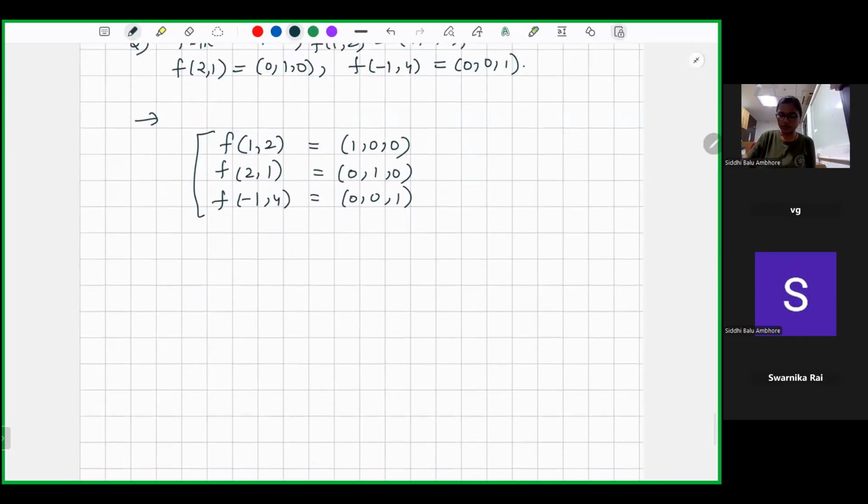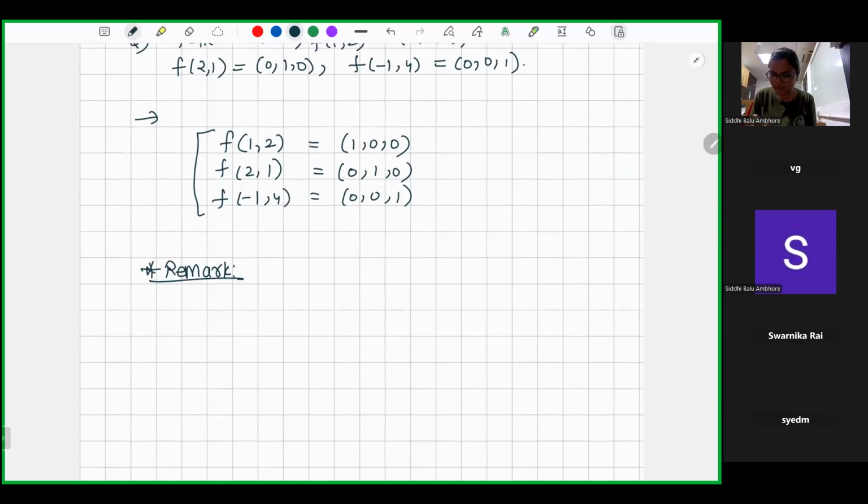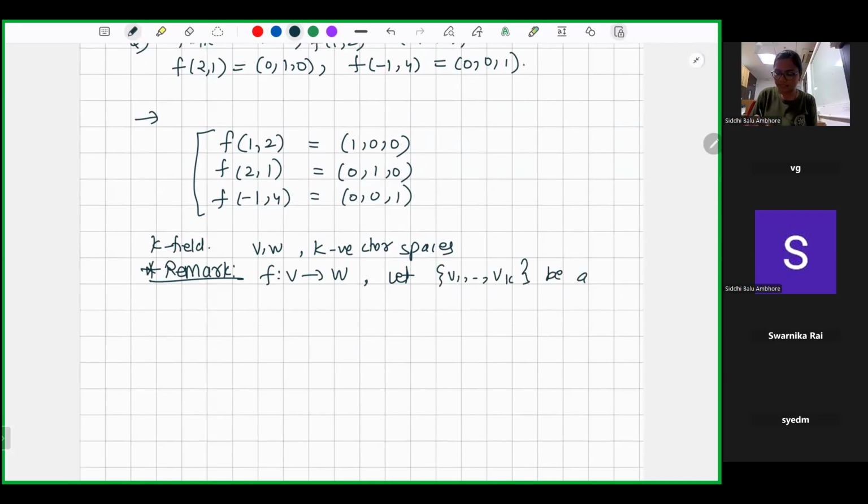And it is also, I mean, this remark or theorem or whatever you want to consider: if f is from V to W, V and W are K vector spaces, and K is a field, then let V1 to Vn be a basis of V. Suppose V is that, and by this I have dimension of V as N.